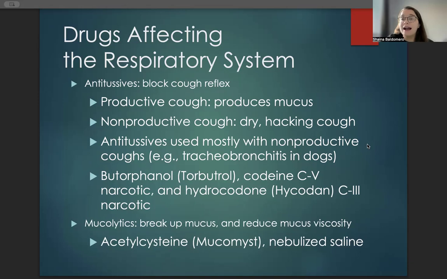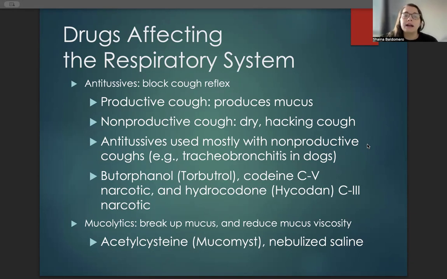If it's a dry, hacking cough, they don't need to be coughing. We can help block that reflex so they stop coughing so much. Versus if it's a productive cough and it produces mucus, we want them to cough up that mucus. So we would not want to give an antitussive to a productive cough. And we'll talk about that in the next slide, what I would give instead.